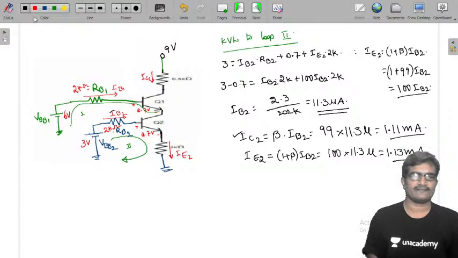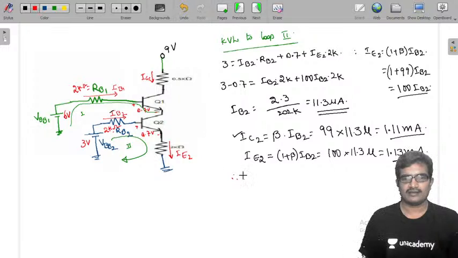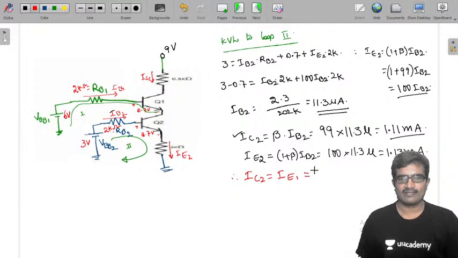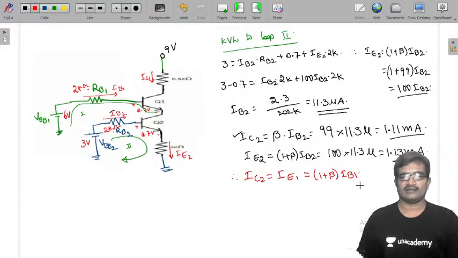Once you know IC2, IC2 is nothing but IE1. IE1 can be written as 1 plus beta times IB1. Therefore IB1 is IE1 by 1 plus beta, that means 100.